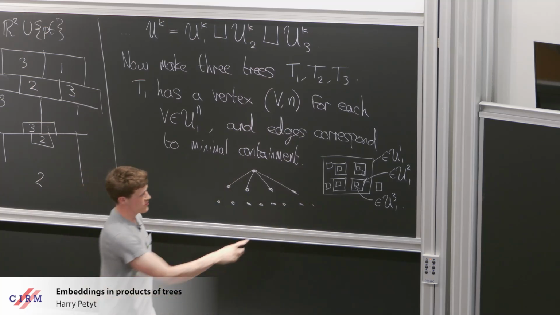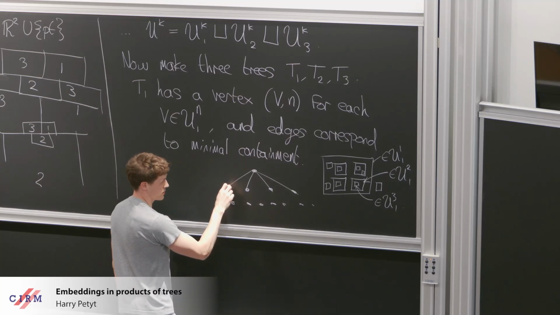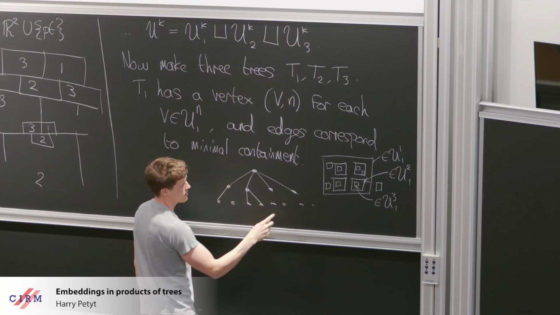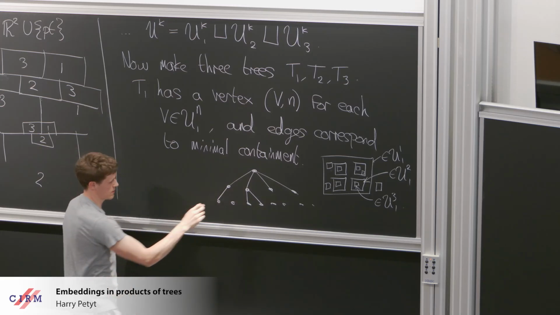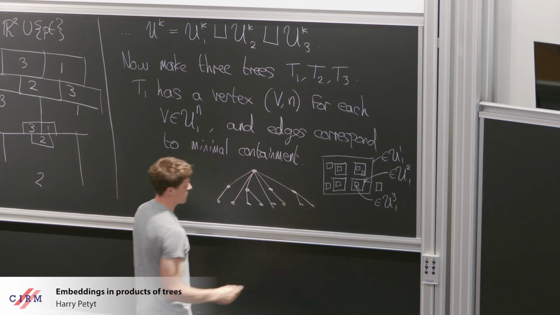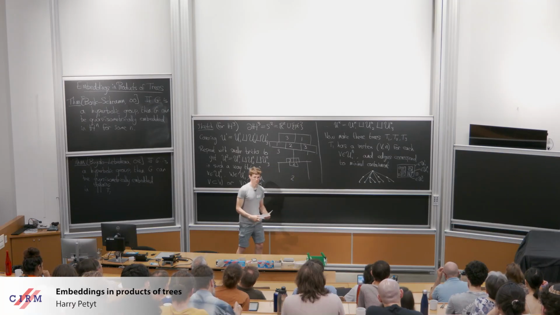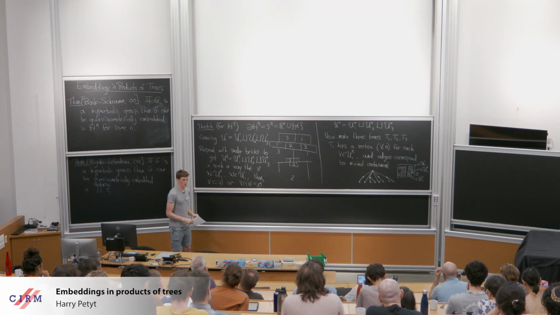And some of these are contained in level 1 vertices, and that's a minimal containment. So I've got some like this. But some of them are not. So the smallest thing that's contained in is the root. So I get some tree like this by adding edges in this way.